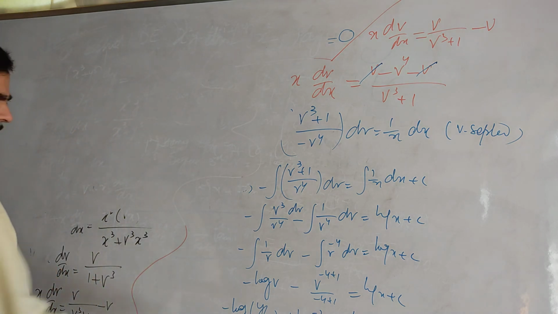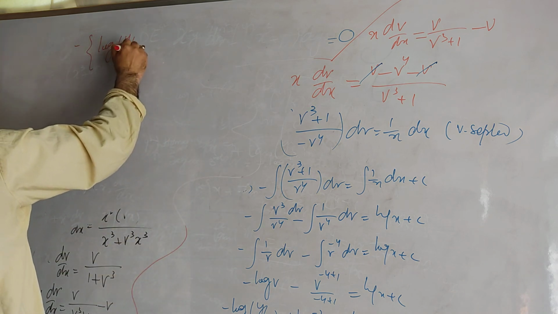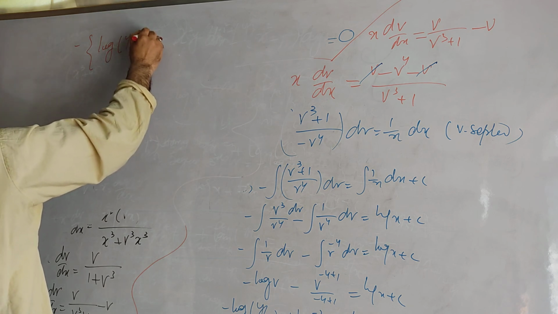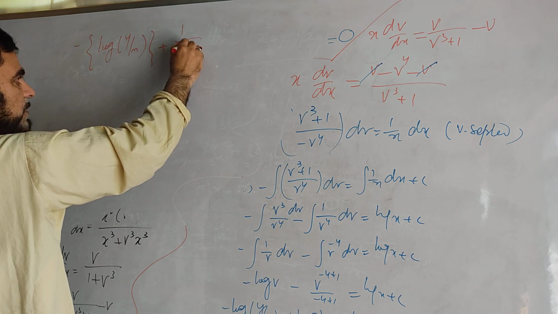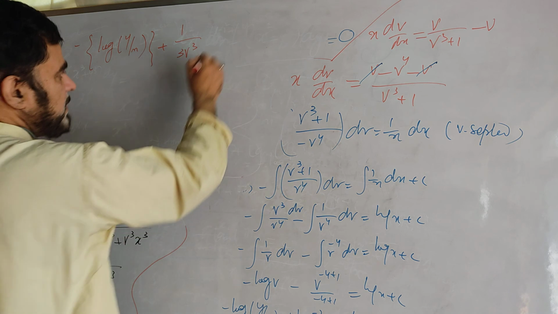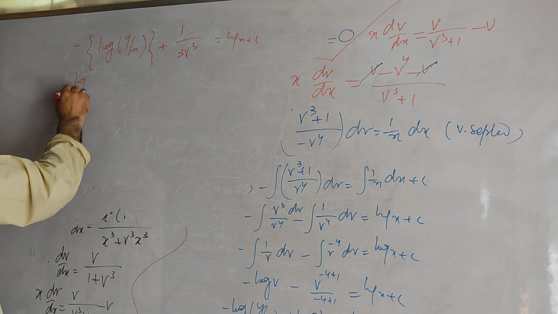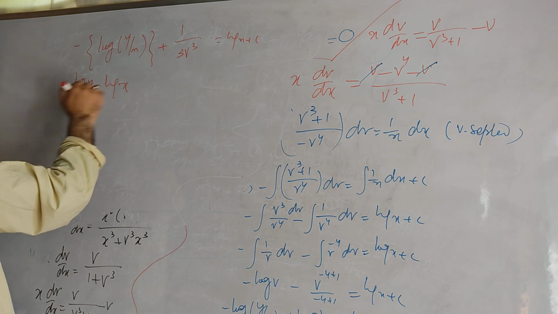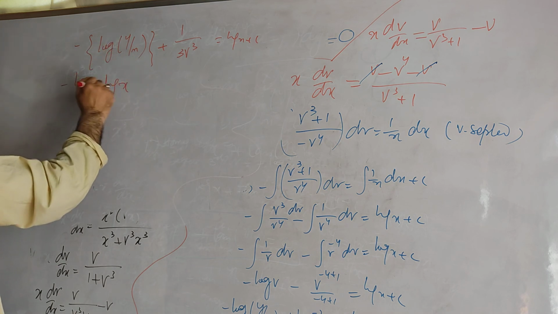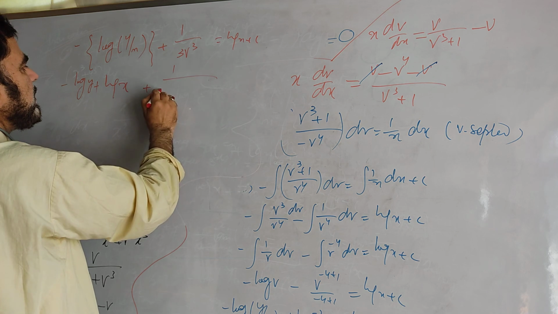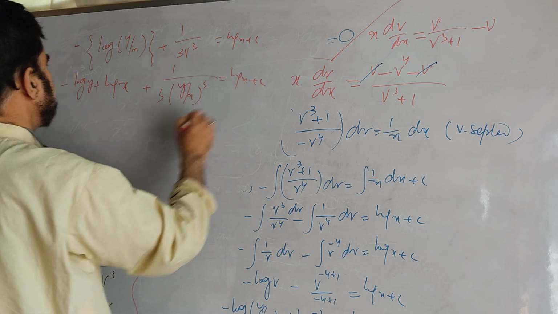Take it here. It is minus log of y by x, then plus 1 by 3v cube, equal to log x plus c. You can write it as minus log y minus log x. This is log of m by n, log m minus log n. This minus will go in, it is plus log x, plus 1 by 3 (y by x) cube hmm, that is x cube by 3 y cube, equal to log x plus c.